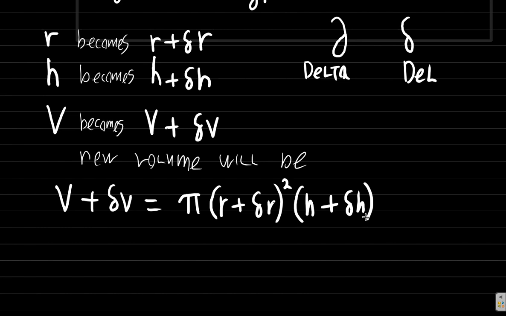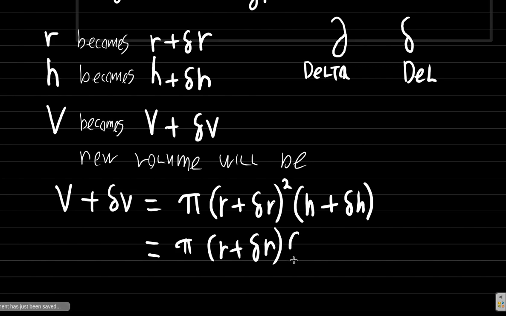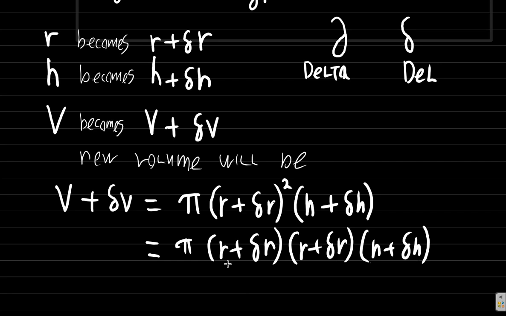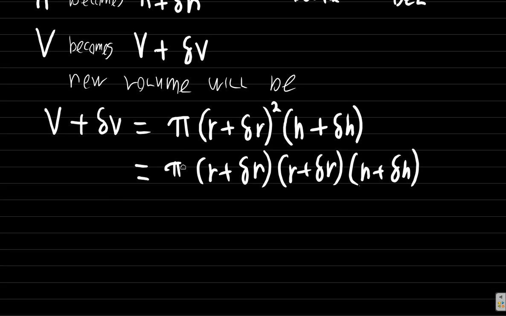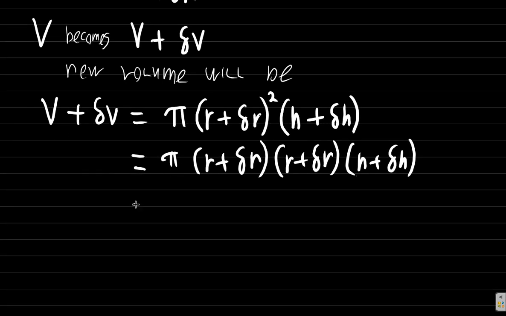Now, suppose we multiply them out and so on and so forth. This would be equal to pi times r plus small change in r times r plus small change in r times h plus small change in h. Alright. So, what would happen here? R times r is r squared.